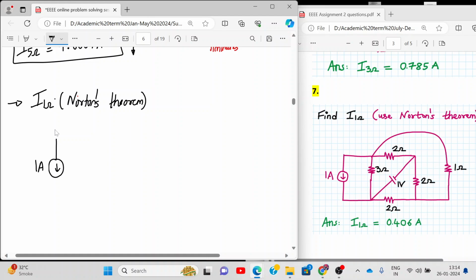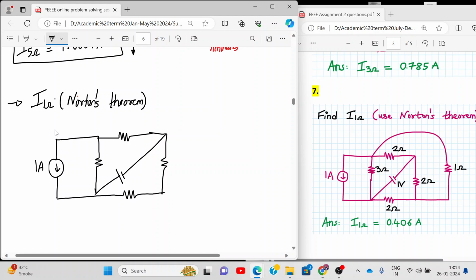Everyone, this is 1 ampere. There is a voltage source connected here. One ohm, 2 ohm, 2 ohm, 1 volt, 3 ohm, and 2. So where is RL?